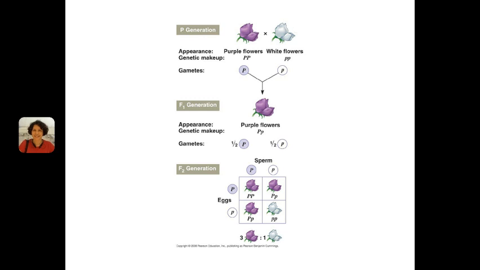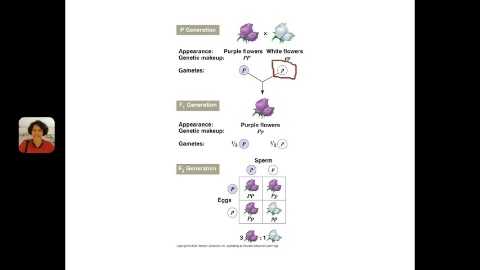So the purple flower makes gametes, and this represents the gametes made by the purple flower, a capital P, because purple is dominant over white in flower color. The white flower also makes gametes, and its gametes are all lowercase p.